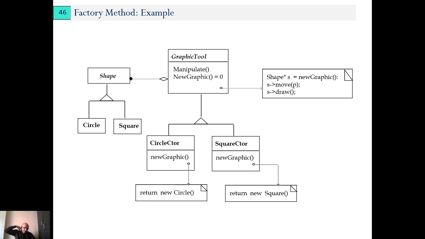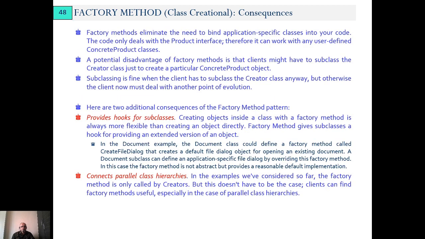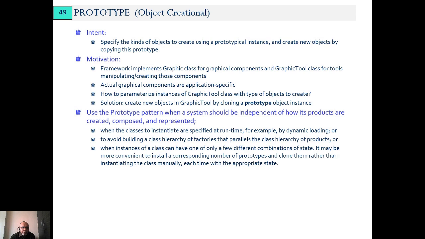What kind of operation you want to include, you can include. Let us move ahead to two important points. It provides hooks for subclasses because it works on interfacing. Connects parallel class hierarchies. That is but natural.